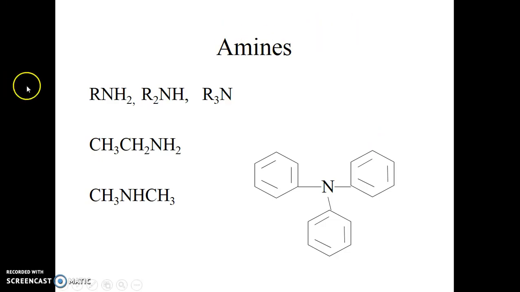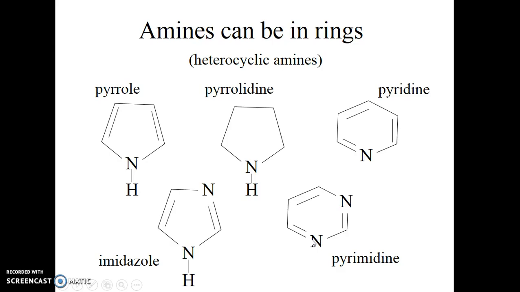We've already seen that we can have primary, secondary, and tertiary amines. We can have aliphatic amines. We can have aromatic amines. We can even have amines in rings. We've seen these when looking at aromatic compounds. For instance, we found that pyrrole here was aromatic.